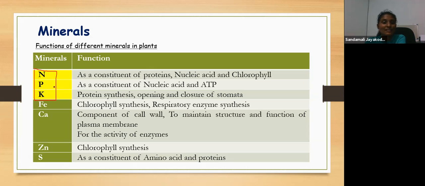These elements are present in fertilizers. So they do different functions. N and P are constituents of different major biological molecules. And potassium is again for protein synthesis, and its important function is the opening and closure of stomata.